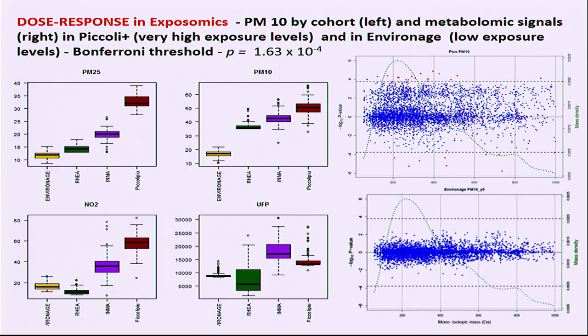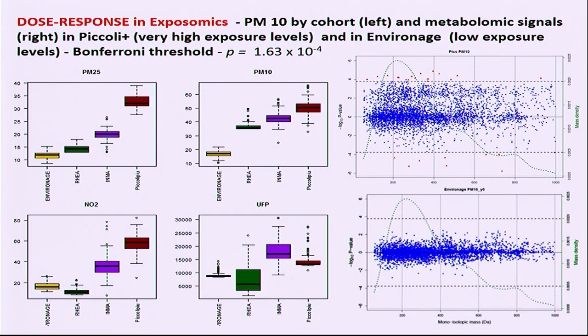Well, I don't want to go too far in the interpretation of that, but it might not be by chance that you see many more signals, some of which are statistically significant after Bonferroni correction in Torino as opposed to Belgium, as opposed to a low exposure area, which is in fact partly a rural area.